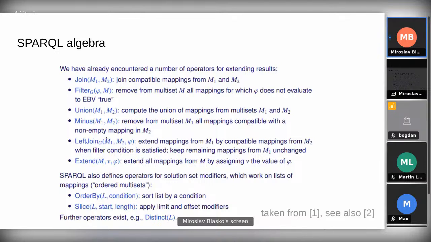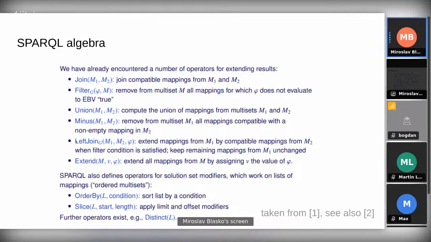You have set M1 and you attach set M2 and return only compatible mappings where M2 is compatible with M1. So you just attach the triples or those patterns from M2.